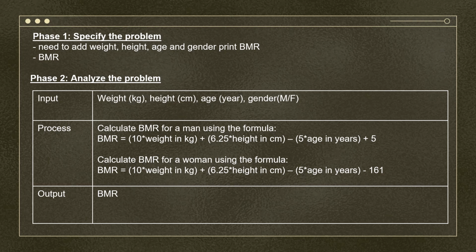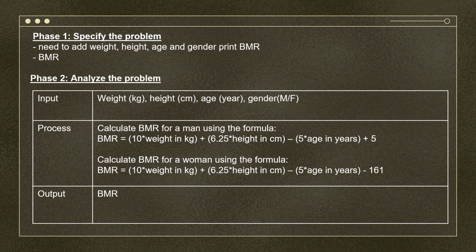For phase 2, analyze the problem. We need to analyze input, process, and output. For input, weight in kg, height in cm, age in years, gender M or F, which is male or female.